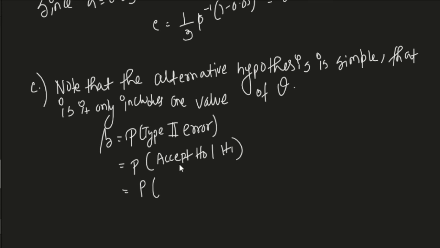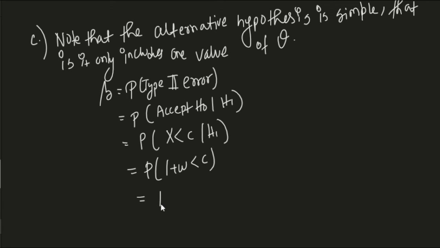We know that we accept H naught when X is less than c, right? And given H1, under H1 X is 1 plus W, so it can be written as 1 plus W less than c, right?